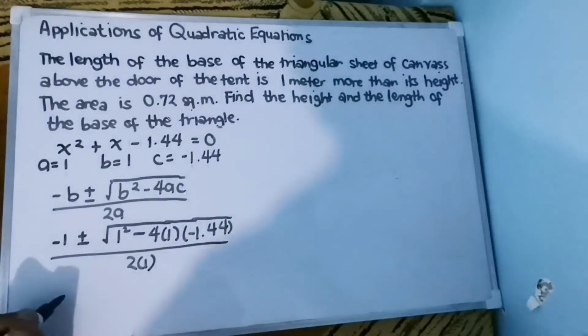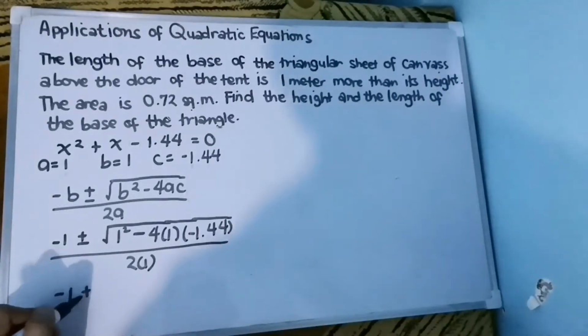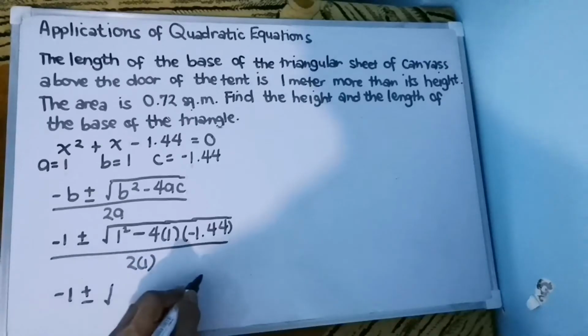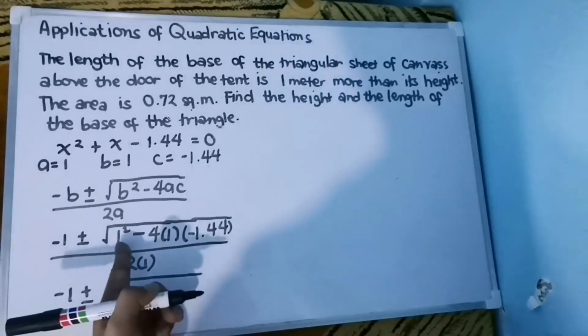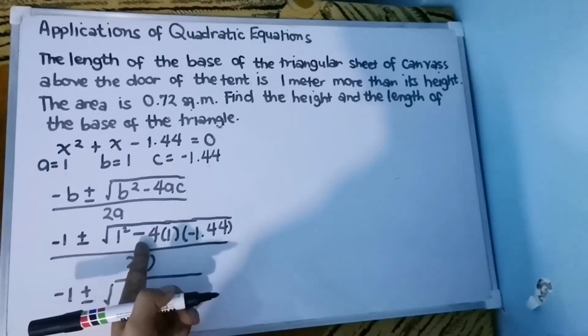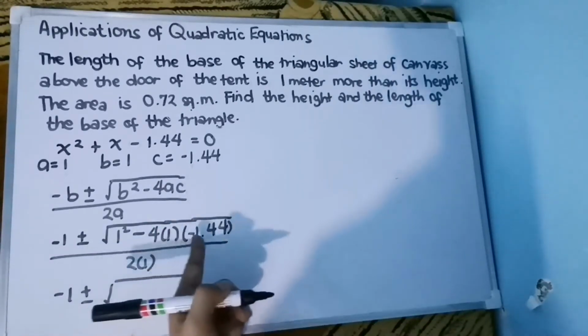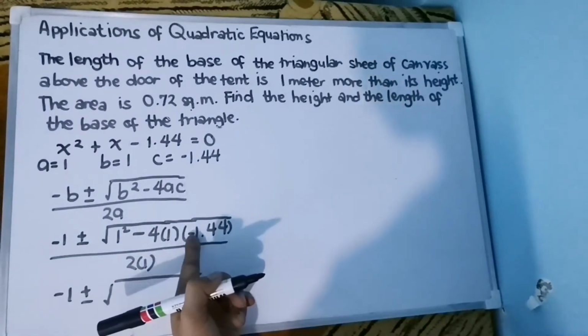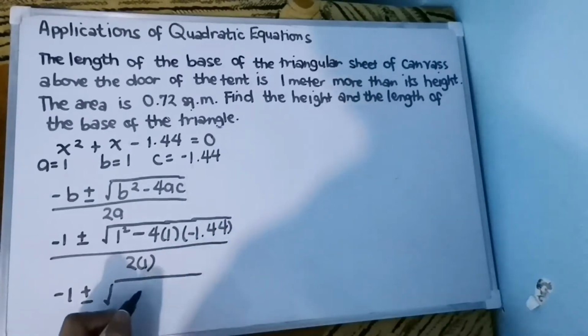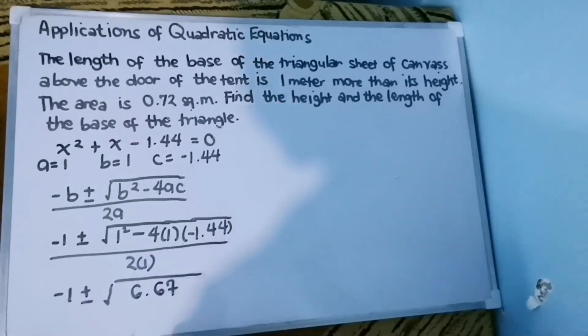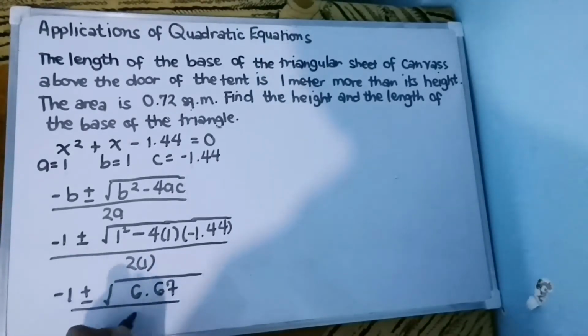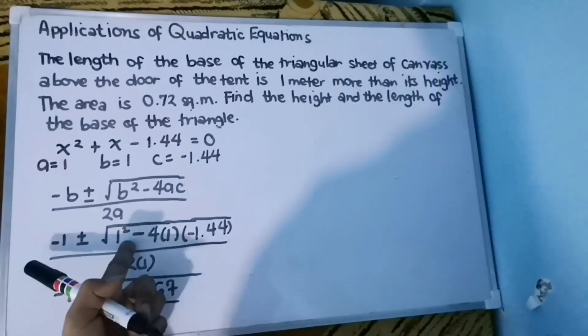Then, we have here negative 1 plus minus square root of 1 minus 4 times negative 1.44. I-simplify na natin, it will become 6.67 all over 2.